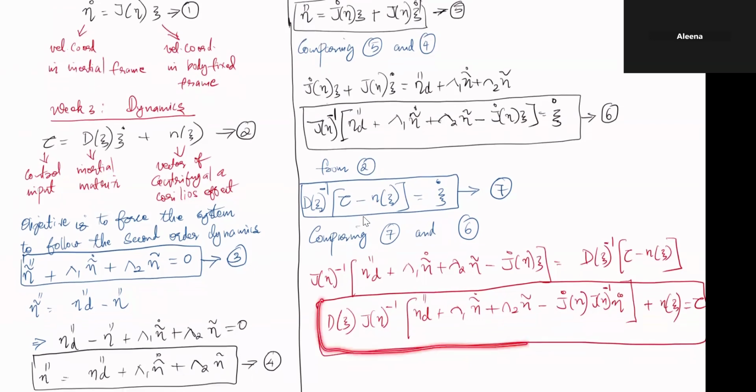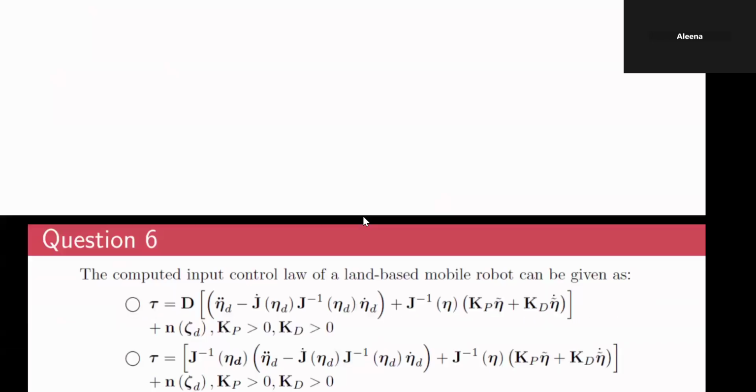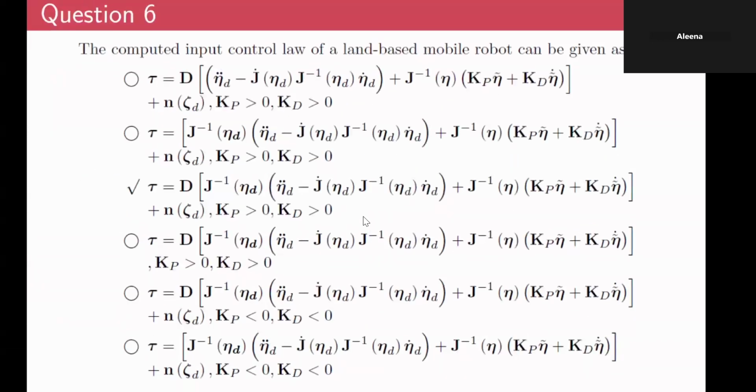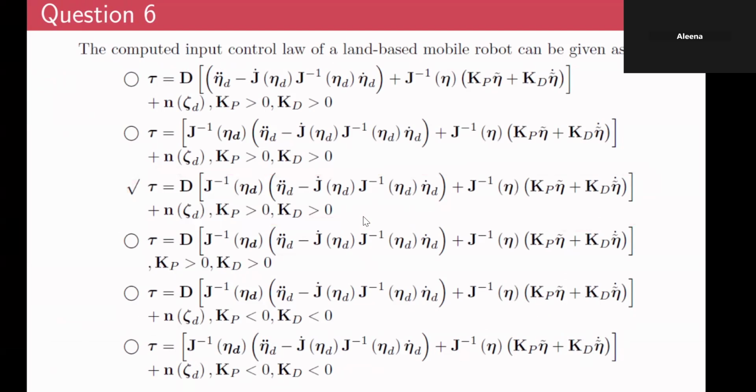So this would be the expression for the computed torque control. And going to the question, which essentially asked for an expression for computed control law, I think this is what we have derived. This is exactly what we have derived previously.